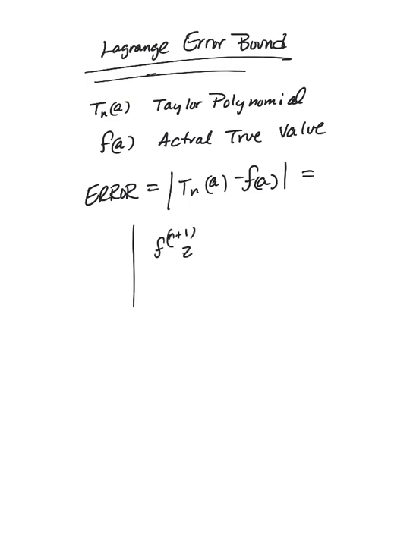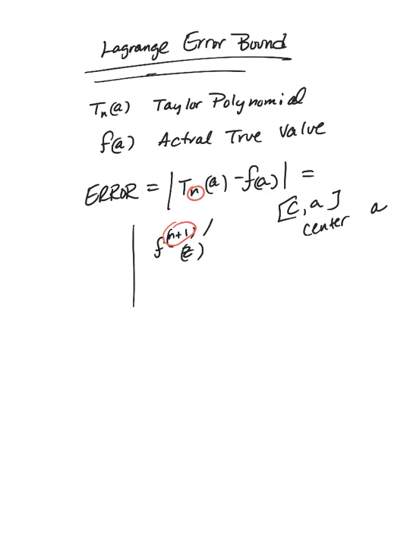So first we have this notation, f to the n plus 1 of z. Well, that means the n plus 1 derivative. So let's say you have a fifth degree Taylor polynomial, then this n plus 1 would be 6. Now, what exactly is the z? Well, you're going to have some interval, from the center c to a, or vice versa, where you're getting your approximation.